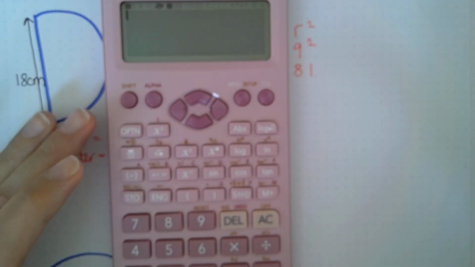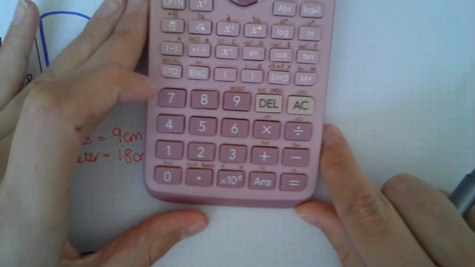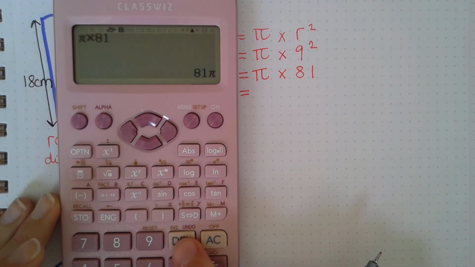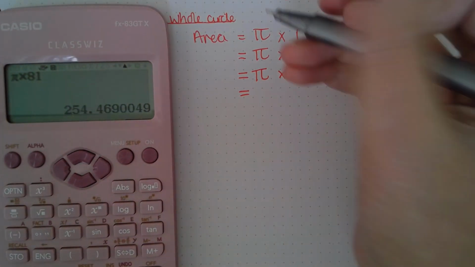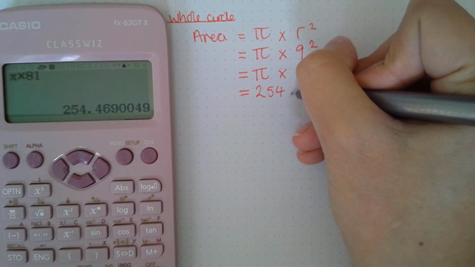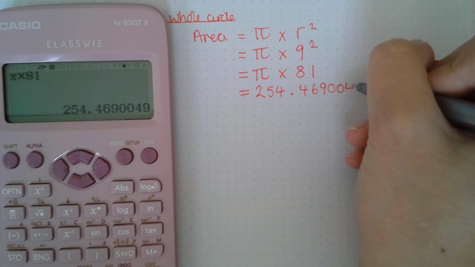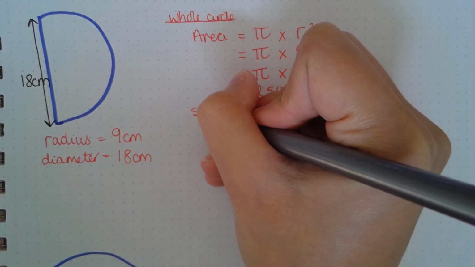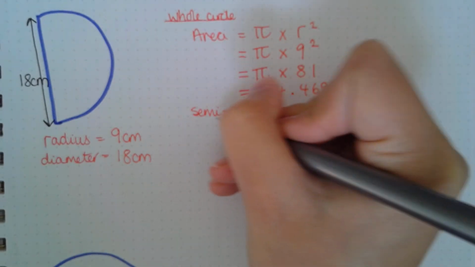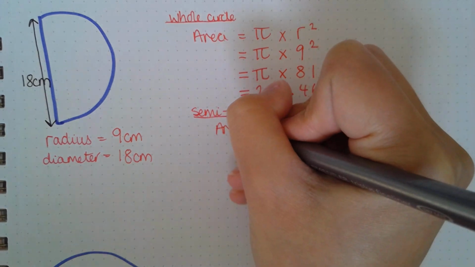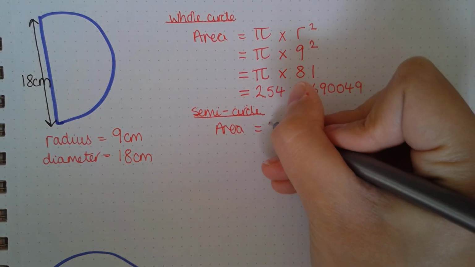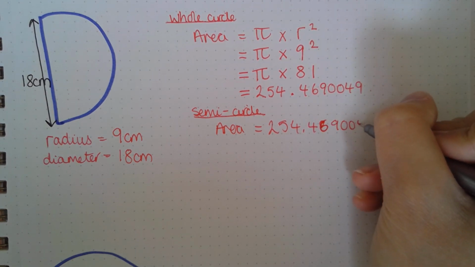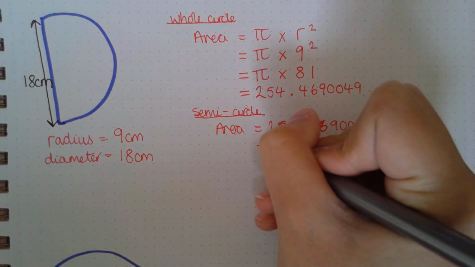So remember, shift, pi at the bottom times 81 equals 81 pi, so we press S to D, and we get 254.46900049. But that's not what we want. We want the semicircle. So we want area is what we calculated before, 254.46900049 divided by 2 equals.